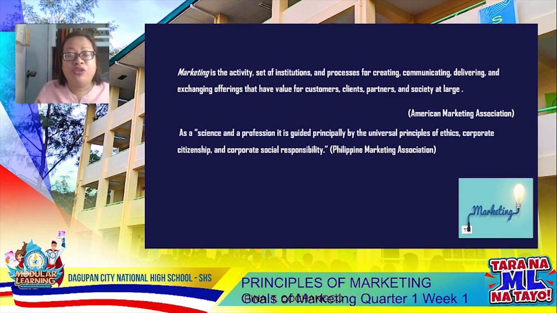Further, we have another definition from the Philippine Marketing Association. For them, marketing as a science and a profession is guided by the universal principles of ethics, corporate citizenship, and corporate social responsibility. I remember a few years back that there were several billboards taken off from the places where they were posted. Why were they taken off? Companies are not only going to promote their product with the intention of selling products and increasing their profits.